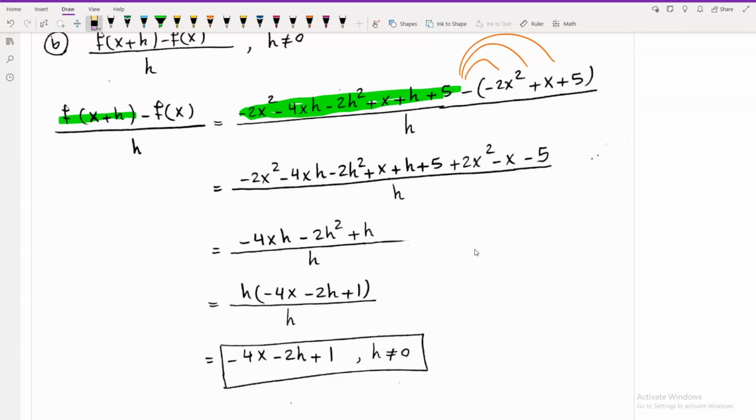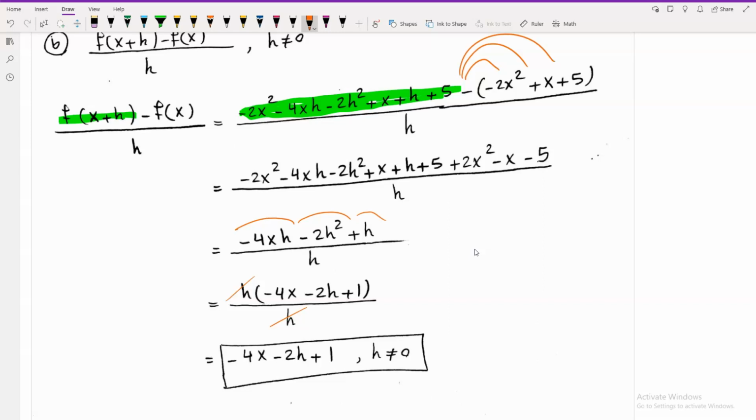And divided by h, we cannot have 0 in the denominator. So we have to see if we are able to eliminate what we have in the denominator. Here on top we have h in common between all these three terms. So factoring out h, we're going to have h times negative 4x minus 2h plus 1, divided by h. Now cancel h. So the answer is negative 4x minus 2h plus 1.